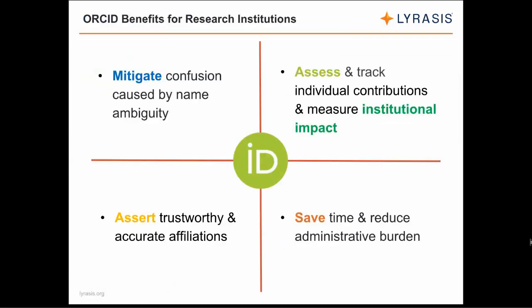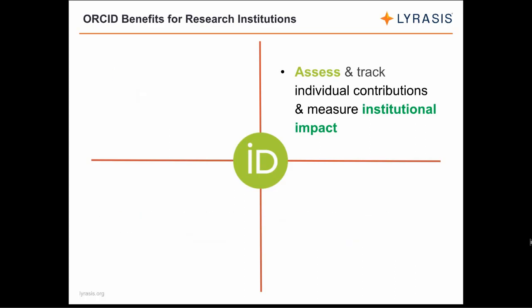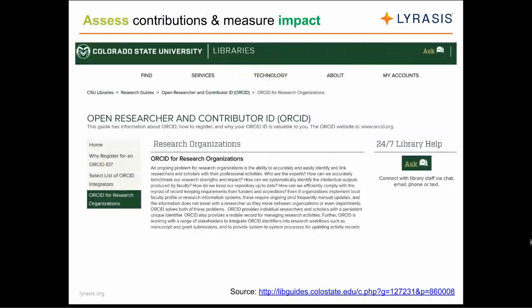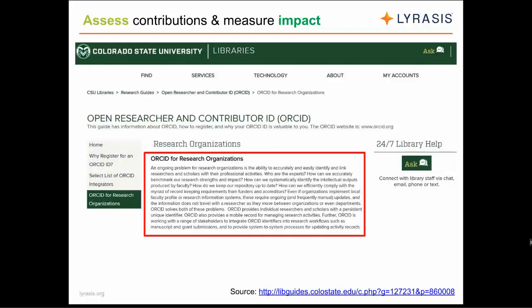So from here, once institutions have the ability to distinguish between researchers, ORCID can be used to assess and track individual contributions and thus measure and report on institutional impact. So Colorado State University's ORCID LibGuide that you see here does a really good job of describing the current general state of affairs when it comes to faculty reporting and related activities, stating that an ongoing problem for research organizations is the ability to accurately and easily identify and link researchers and scholars with their professional activities.